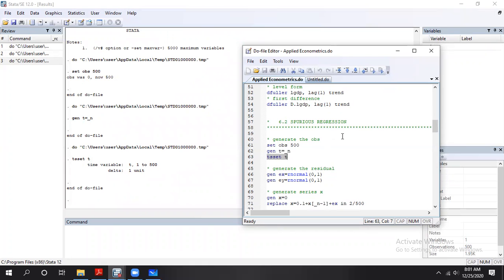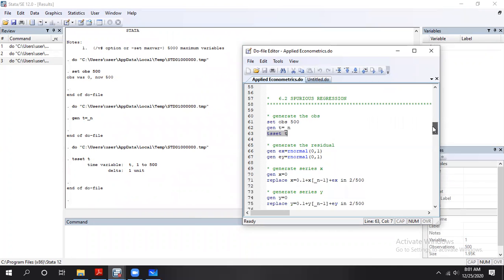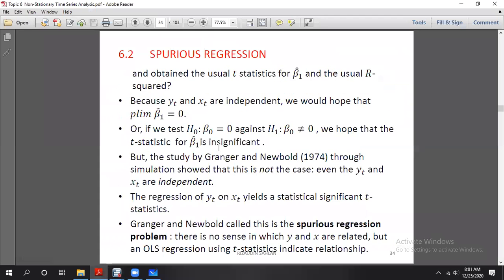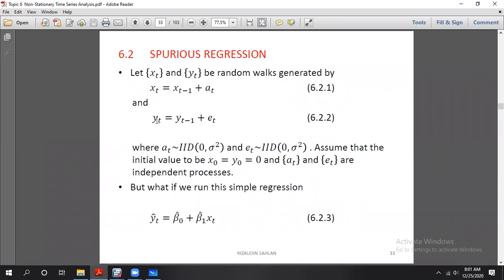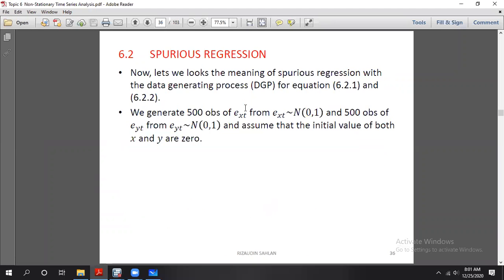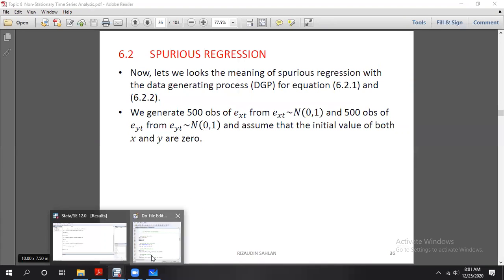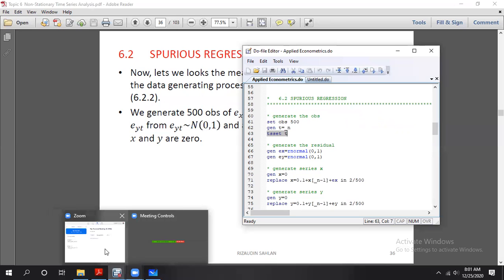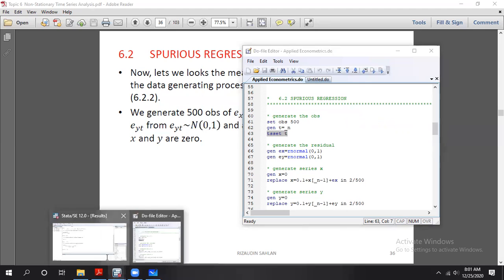Now we want to generate the residual, because we want to generate the series randomly. We assume that the residual for the X and also the residual for the Y are normally distributed. So we first generate the data for the error randomly, following the normal distribution.